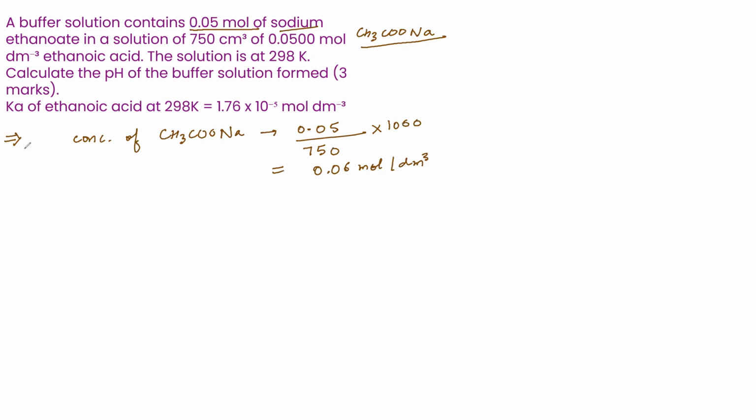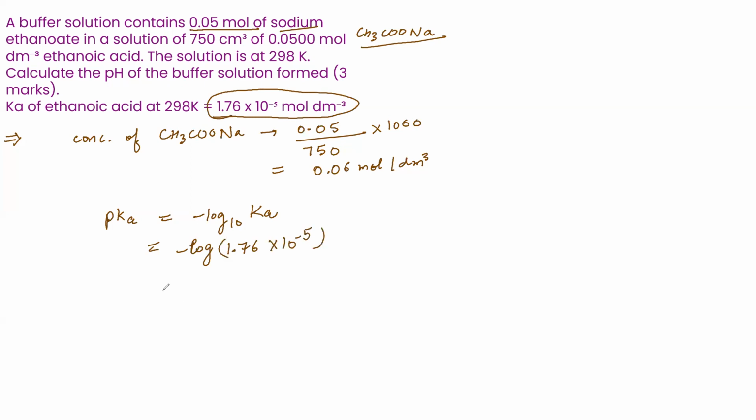Fine. Now we have the Ka value, so we can calculate pKa. What is the pKa? Negative log 10 of Ka. What is the Ka value? The Ka value is 1.76 times 10 to the power negative 5.